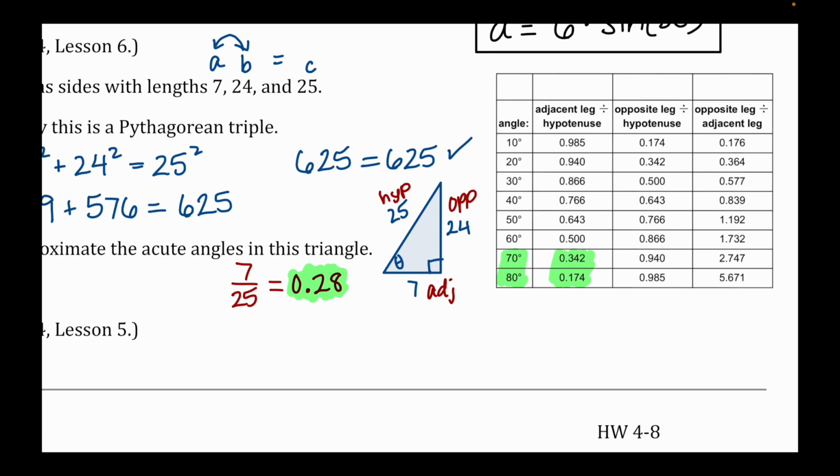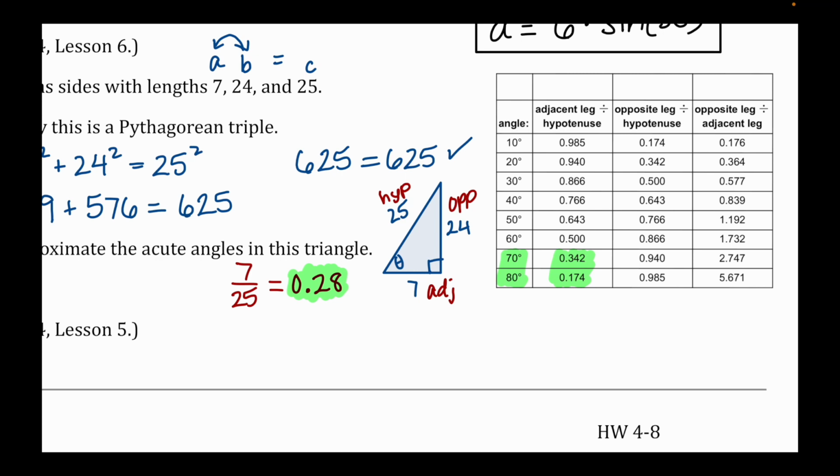I can narrate what I'm doing on my calculator here. I'm adding them together and dividing by 2 to find the average because that should be halfway in between. When I divide that by 2, I get 0.258 is the halfway mark.